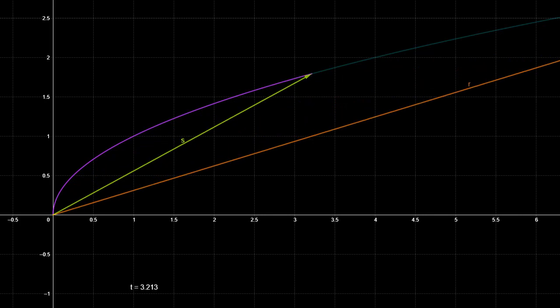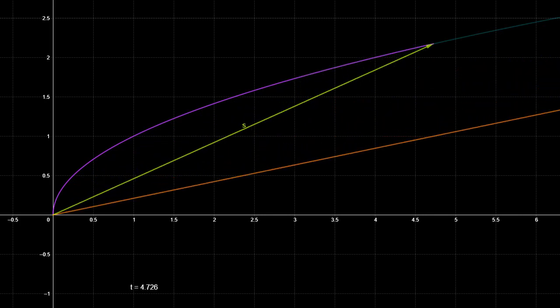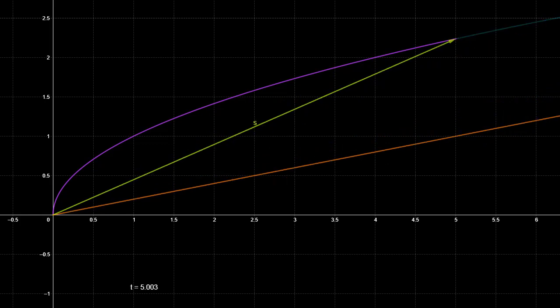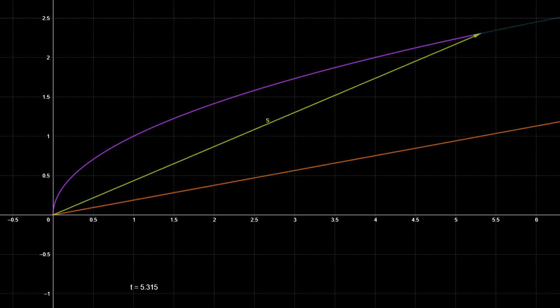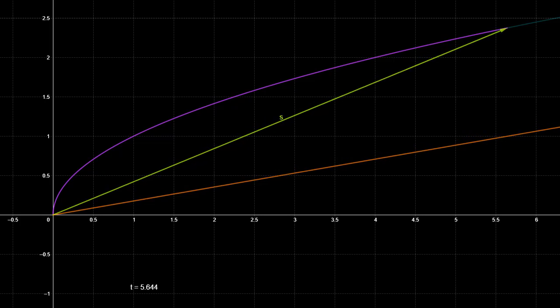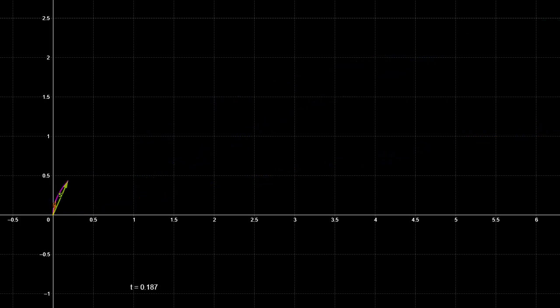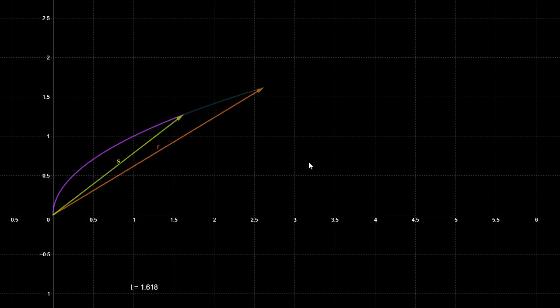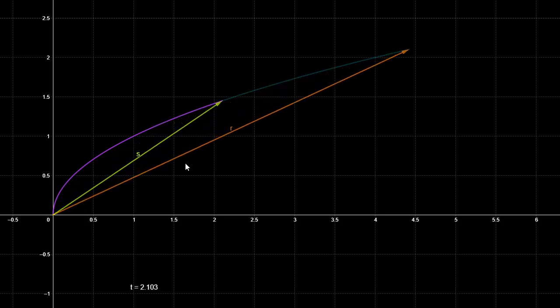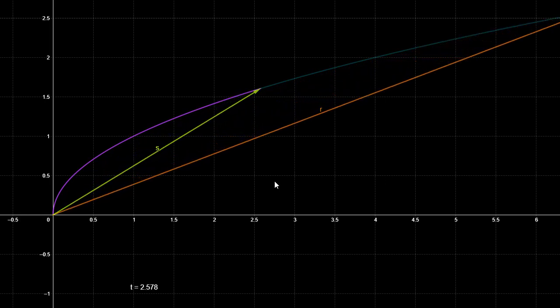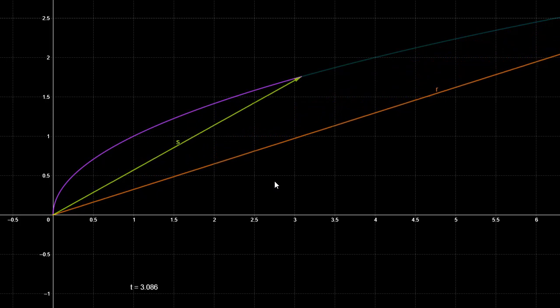All right, so let's take a look at R and S moving together. And let me slow this down a little bit. As we see, at the beginning, R is going a little slower than S, but then R starts speeding up and speeding up, and S is traveling along the exact same path, but going slower.